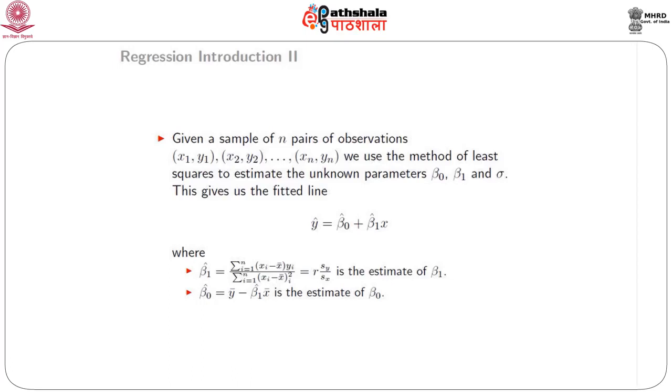We can see that the numerator of the estimate of beta 1 can be written as Sxy, or the covariance between x and y.